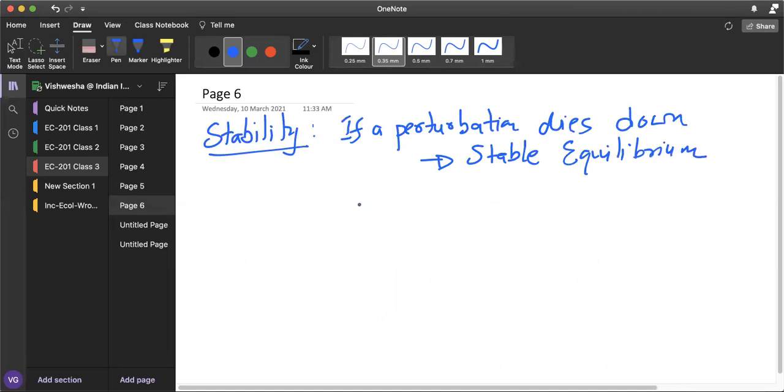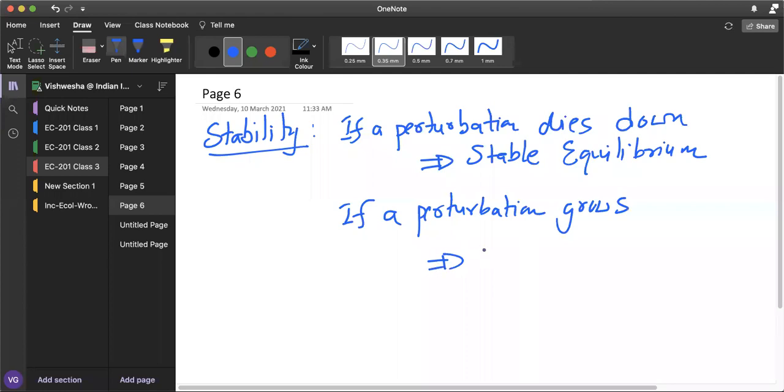However, if a perturbation grows, we call that an unstable equilibrium. Okay, now with this definition, let us go back to what the perturbation is. I'm going to define that.